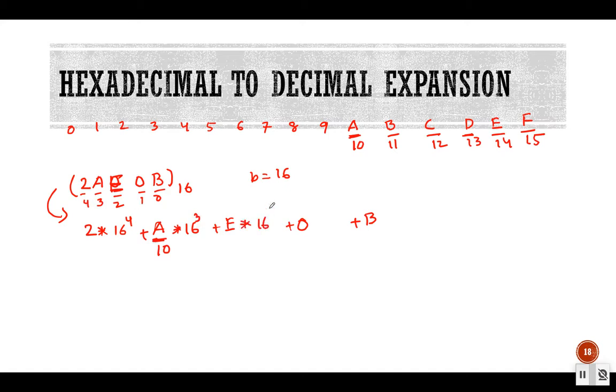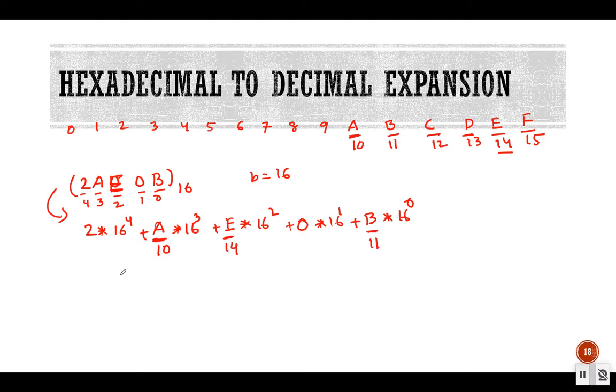Then 16 to the power 2, 16 to the power 1, 16 to the power 0. Now E has the decimal equivalent of 14, so this is actually 14, and B has the decimal equivalent of 11.